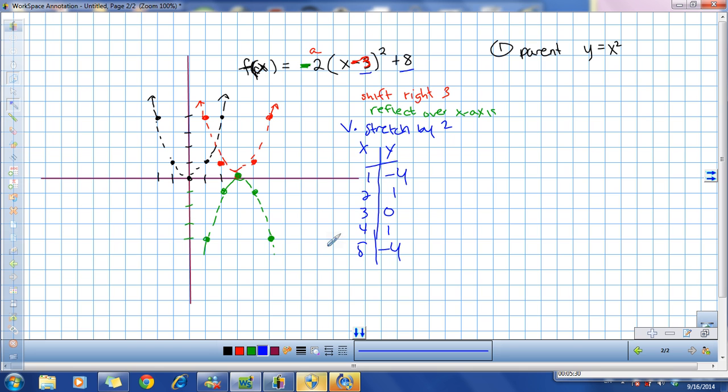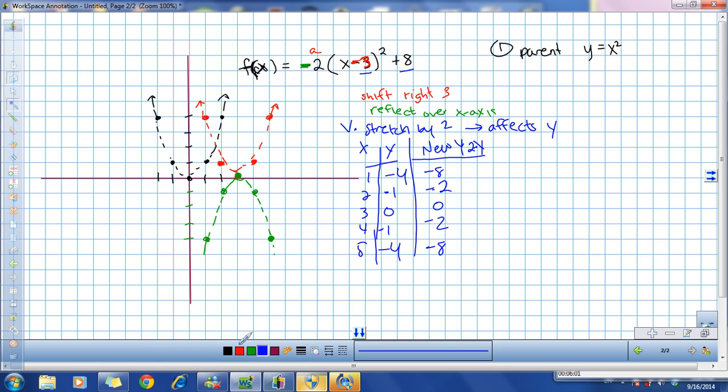Okay, from these 5 points, if it's a vertical stretch by 2, then it affects your y-coordinate. I'm going to multiply the old y by 2, 2 times y. So I'm going to have negative 8. Oh, wait, these are negative 1. Negative 8, negative 2, 0, negative 2, negative 8.